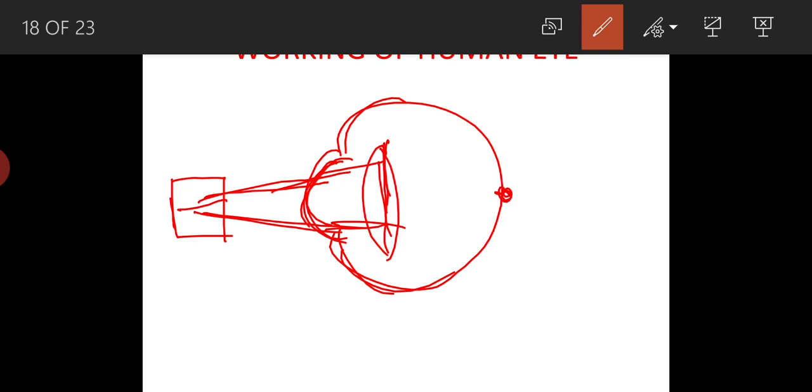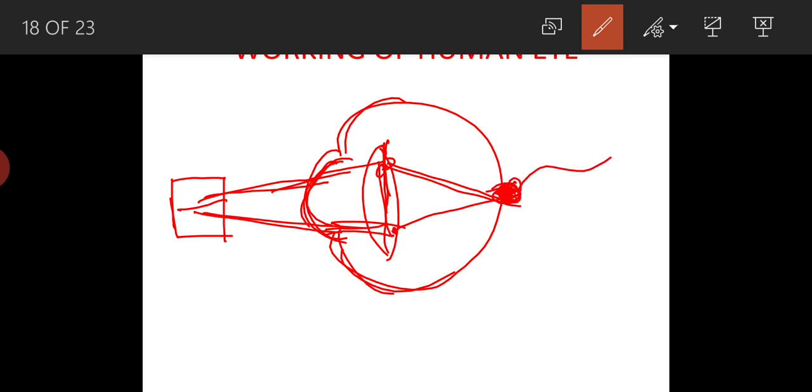After reaching the lens, as it is a biconvex lens, this lens will converge the light rays, and it will see that these light rays meet exactly on the retina, and that the image will form exactly on the retina.